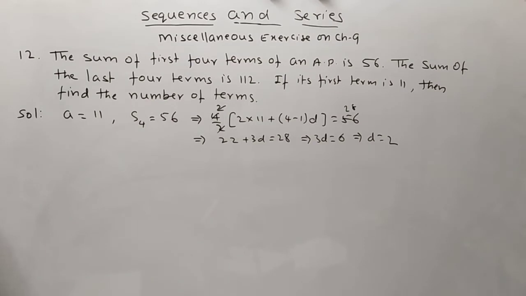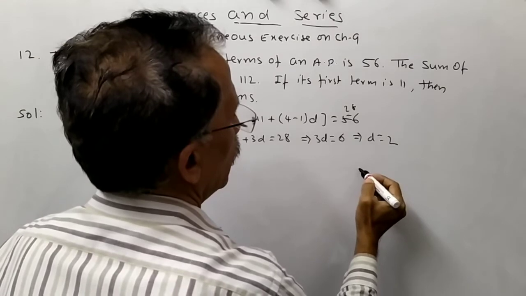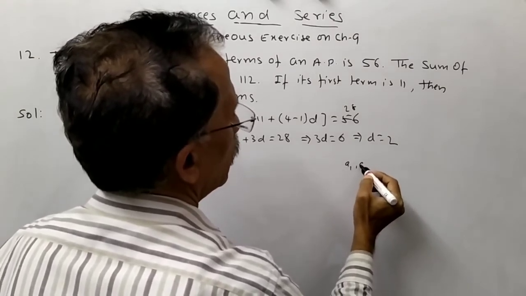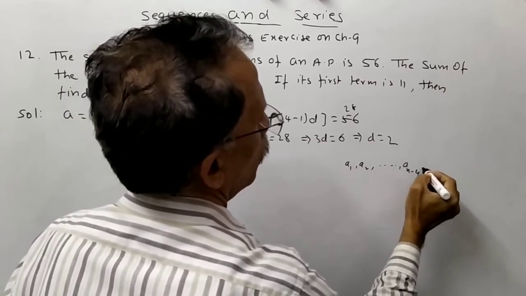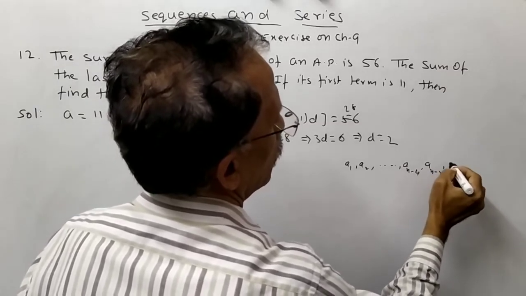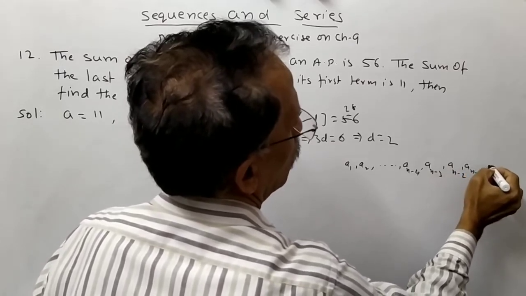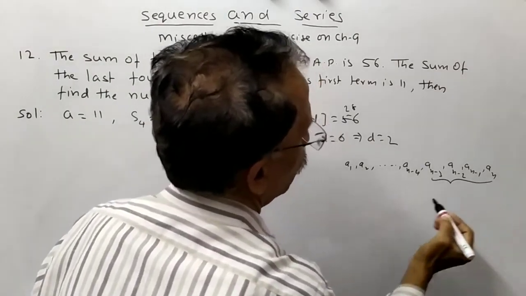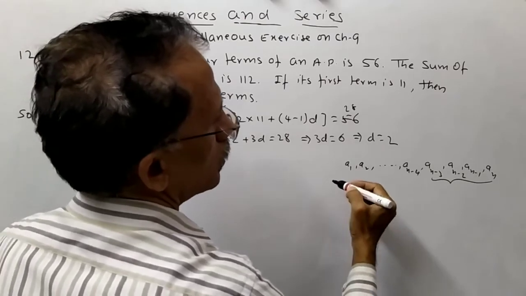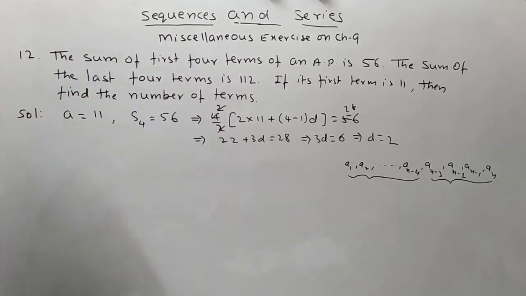Since sum of last 4 terms is 112, means if you take a1, a2, ..., a(n-4), a(n-3), a(n-2), a(n-1), an as n terms, then sum of last 4 terms is nothing but sum of all n terms minus sum of n minus 4 terms.